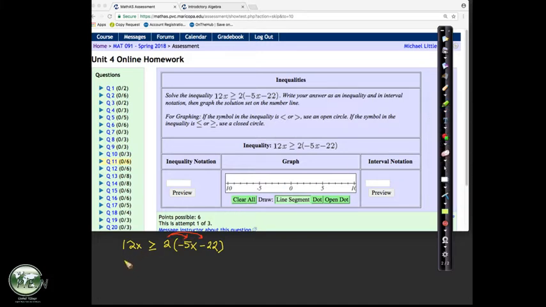We don't do anything to the 12x, so we just rewrite that. Greater than or equal to, and now's the time for the work. 2 times negative 5 is negative 10x. And then 2 times negative 22 is negative 44.